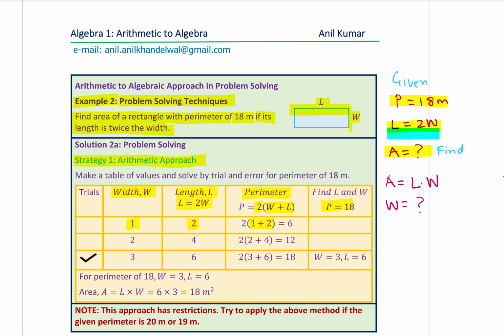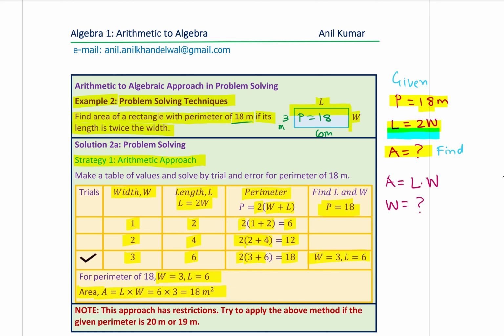Perfect. Since we know that length is 6 and width is 3, we can now find the area by product of length and width, which is 6 times 3. That gives us the number 18, and the units will be meters square since both are in meters. Correct? So do you see how by estimating some values for width we could find what length should be, and then we checked for the perimeter.